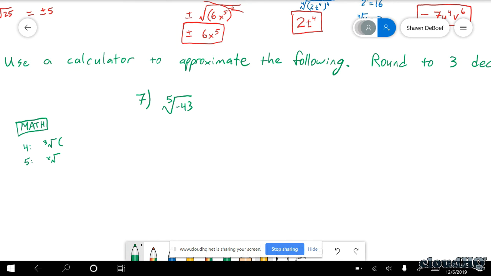I will tell you that if you have your own graphing calculator, and if it's not a terribly new operating system, you might have to, before you select that button, hit like 5. If it's a 5th root, you might have to hit 5 and then go push that button. But if you're using one of the school graphing calculators, you shouldn't need to do that. You should be able to, on number 7, go ahead and select that button.